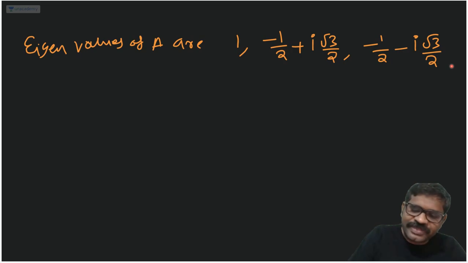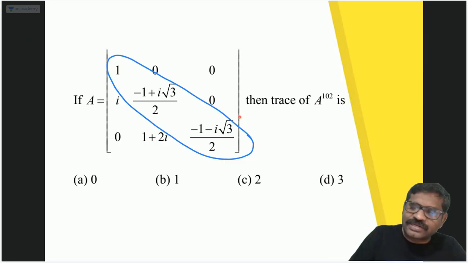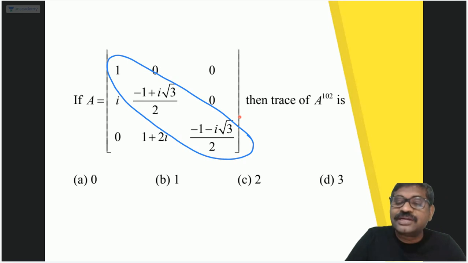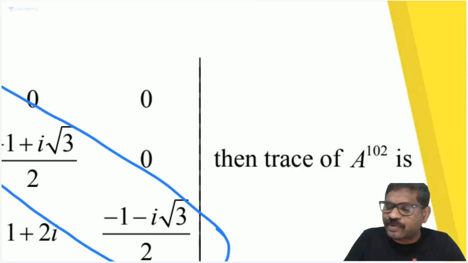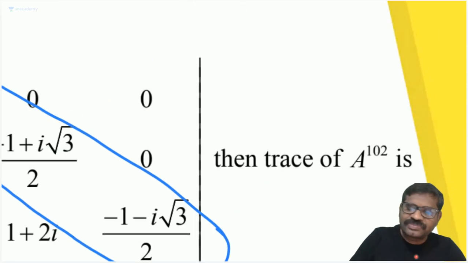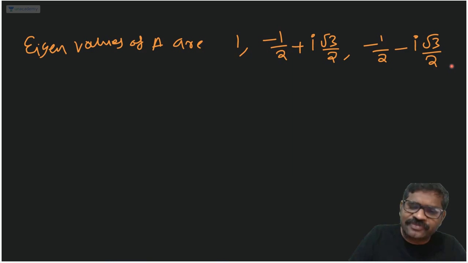Observe, your problem is not trace of A. Your problem is trace of A power 102. You have to calculate trace of A power 102.